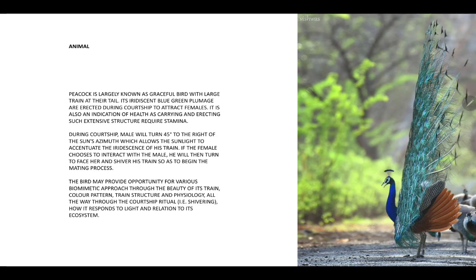Peacock is very unique. You can take the shape, the color patterns of the tail part that we call the train. You can take the behavior of the peacock, you can take the shape, the patterns, the colors.